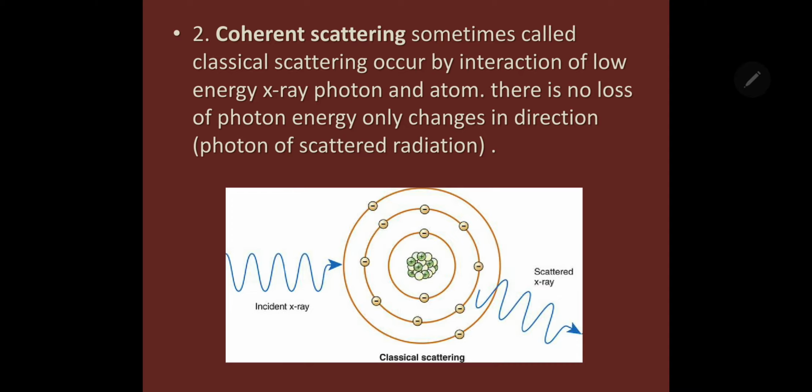This interaction occurs with a low energy X-ray photon. There is no loss of photon energy, only a change in direction of the photon of scattered radiation. This is the X-ray photon that hit the atom and caused a change in direction.